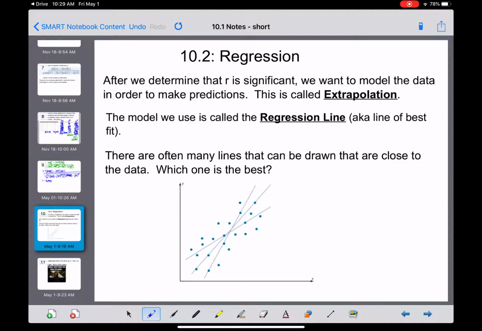We don't have to learn that right now. And then after you know that it's significant, then you find the regression line. So that's the line of best fit. There are many lines that can be drawn close to the data, but you find the one that's best fitting the data. You're minimizing the distance between all of the dots and the line.